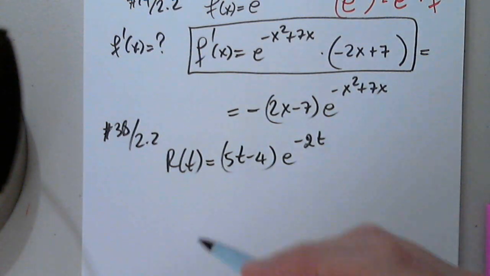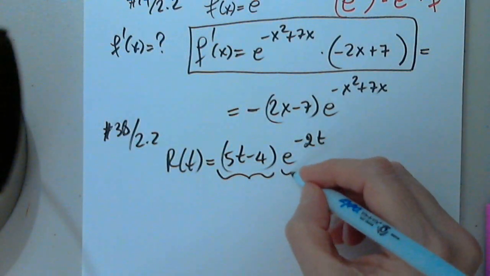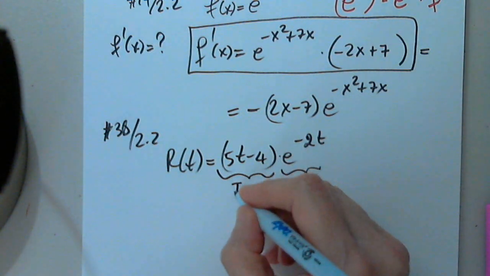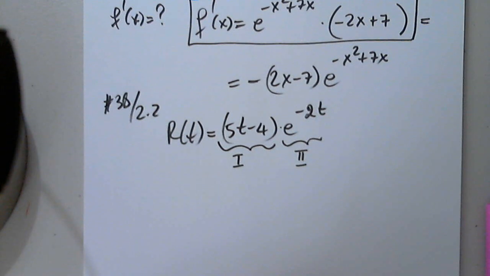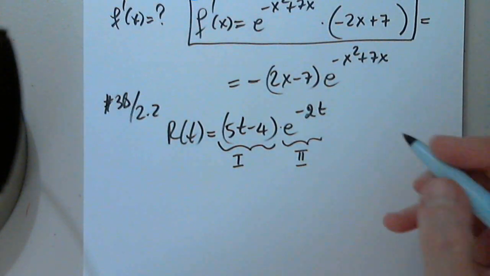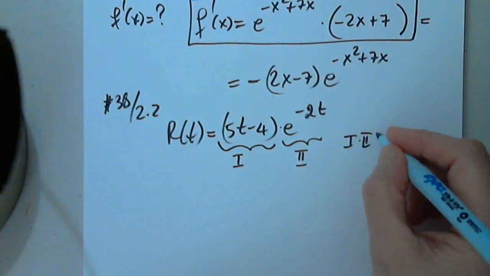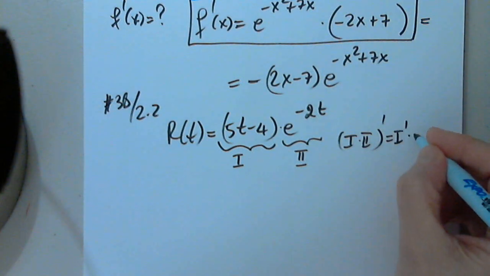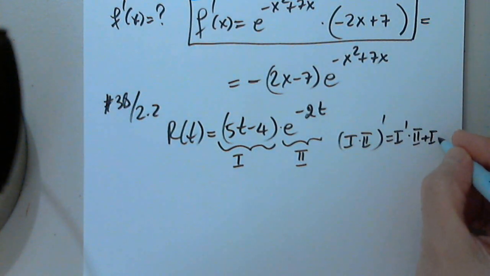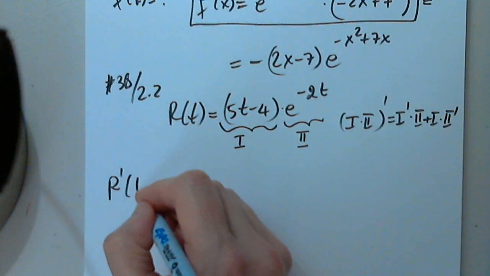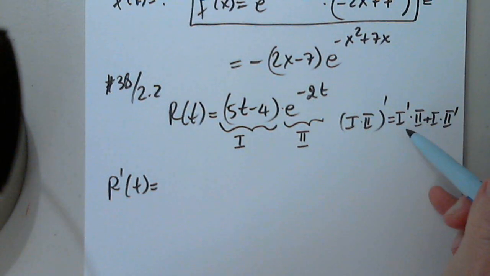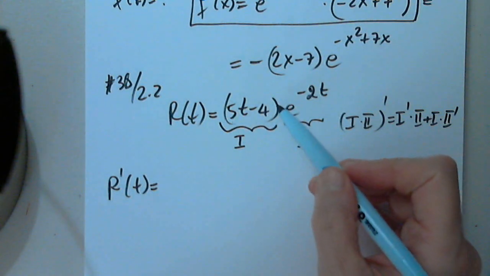I see that this function is a product of 2 functions, function 1 and function 2. On the side, I will write my formula: 1 times 2 prime is 1 prime times 2 plus 1 times 2 prime. So then r prime of t will be, according to the formula, I have to differentiate this.